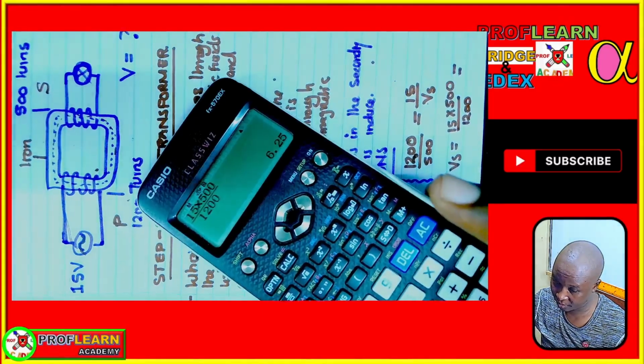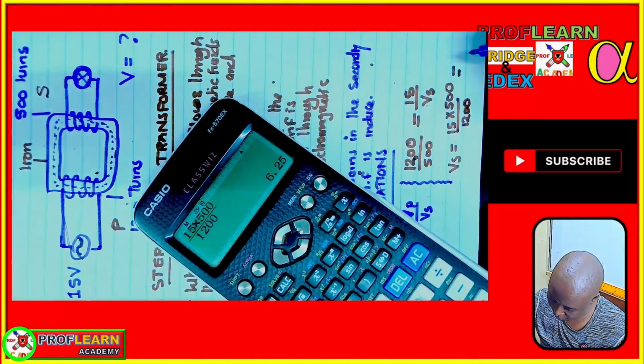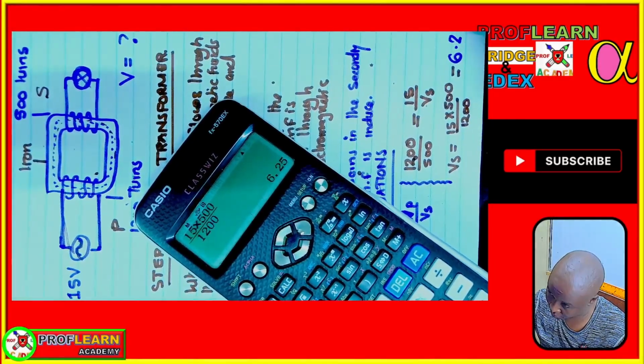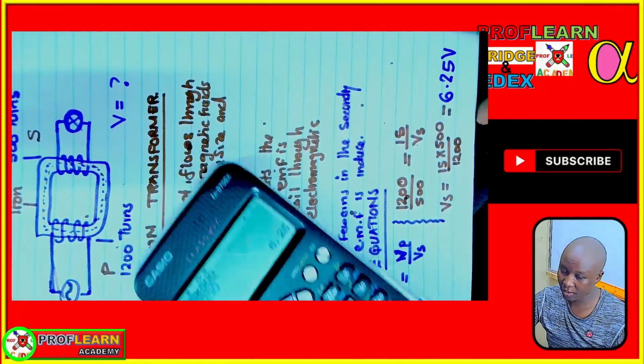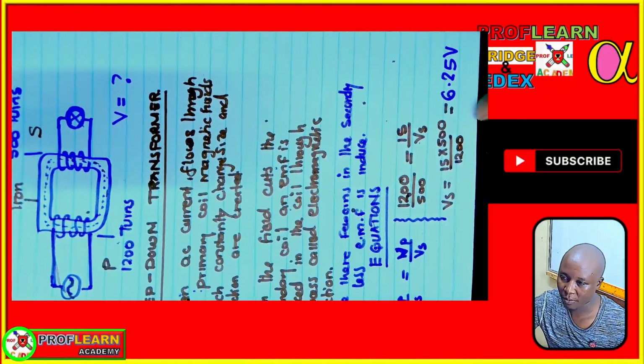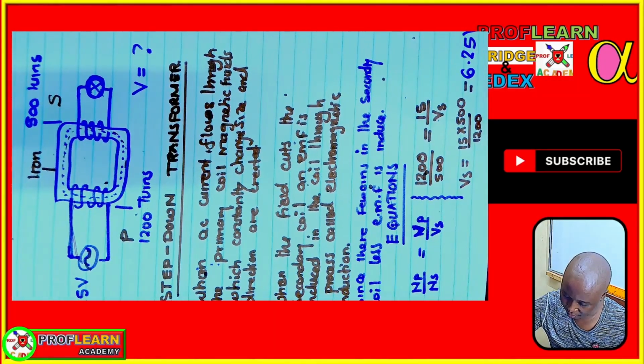If we work it out, we get our answer equivalent to 6.25 volts. So this is the most important formula and the most important concept that you really ought to understand as far as this topic is concerned.